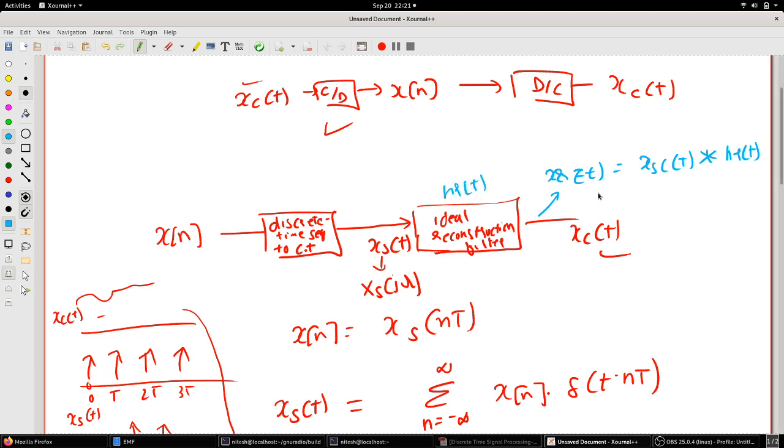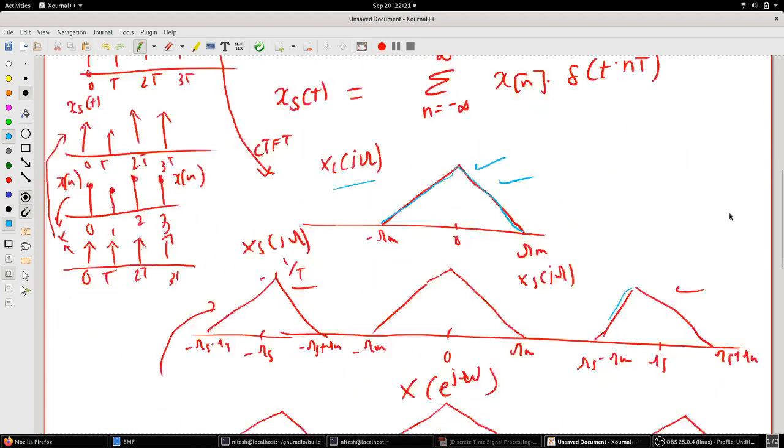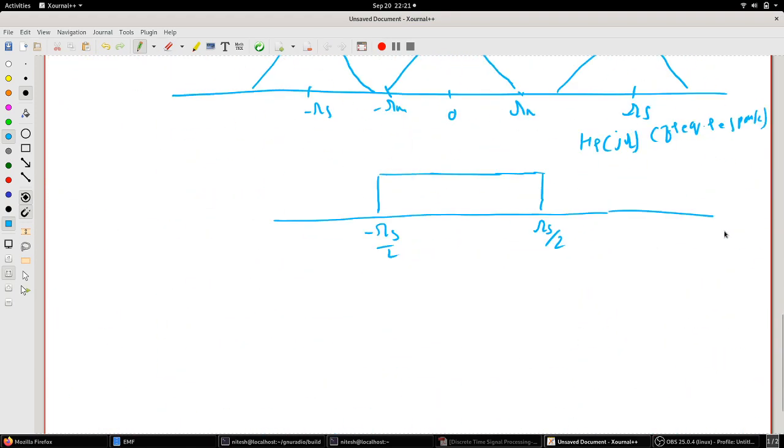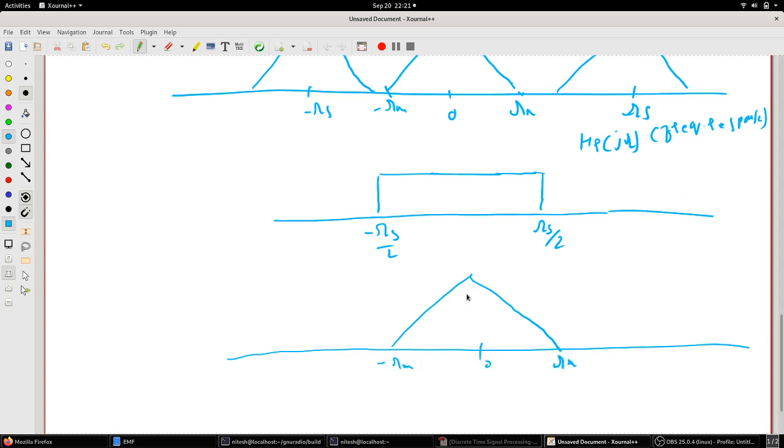In the frequency domain, it is Xr(jω) equal to Xs(jω) into Hr(jω), a multiplication. So if I multiply these two spectrums, what I will get is my x reconstructed. This will be ωm, this will be minus ωm, and this will be 0.